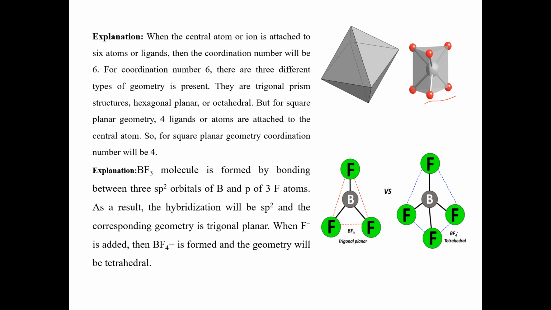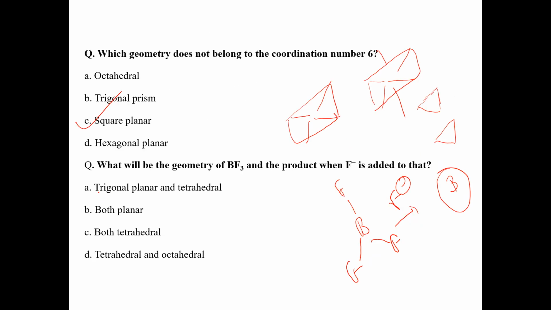For all three the coordination number is 6, but for square planar geometry 4 ligands are attached, so the coordination number is 4. In this case, first it is trigonal planar and later it becomes the tetrafluoroborate anion, which is tetrahedral in nature because the hybridization changes from sp2 to sp3. So the first one is trigonal planar and the second one is tetrahedral.